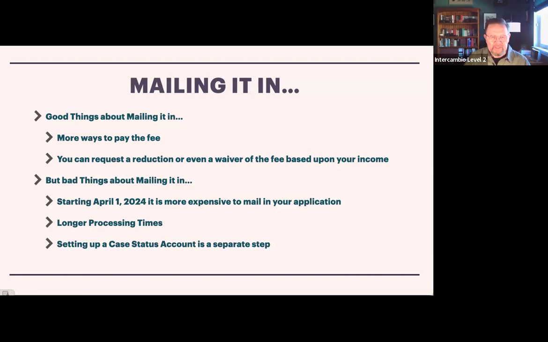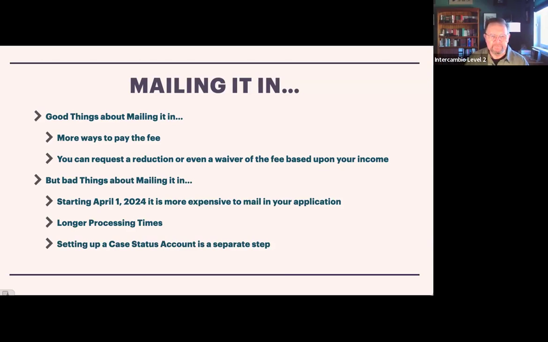So there's added cost. And because they have to send it out to a third party, it has longer processing time. Besides just the longer time it takes for your form to get there in the mail, they have to send it to an outside third party who makes a digital file. So there might be as much as 2 weeks or 3 weeks delay before they can actually start working on your application.